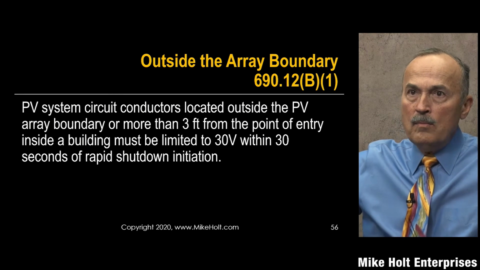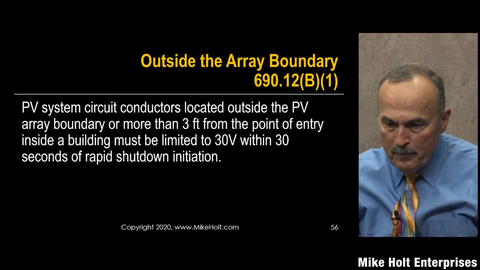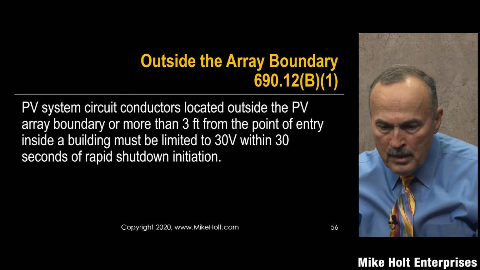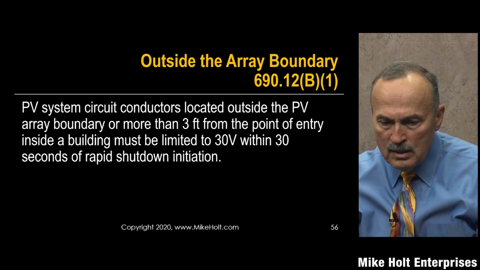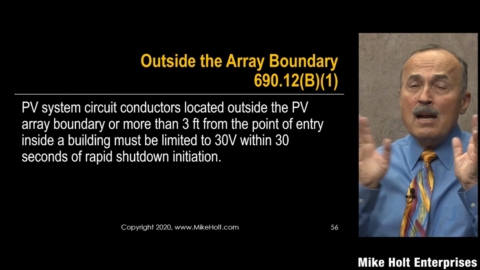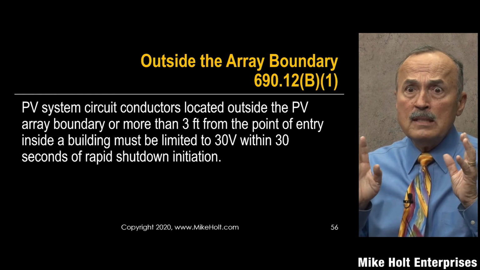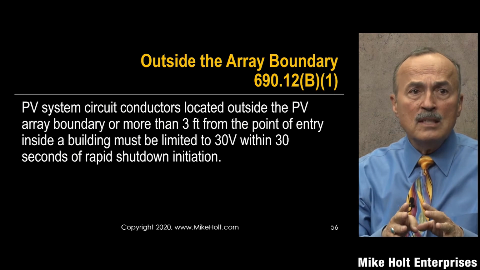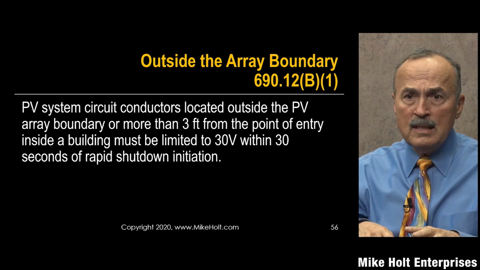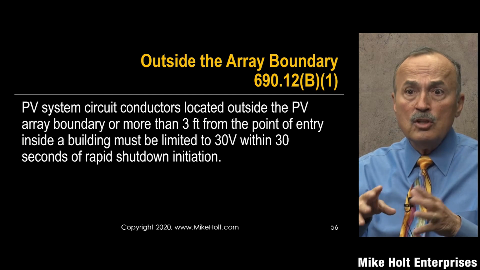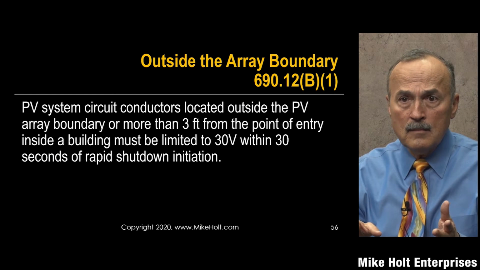If it gets more than 3 feet from the point of entry inside the building, it must be limited to 30 volts within 30 seconds of rapid shutdown. I don't know about the 30 volts in 30 seconds. All I know is it's going to have to be part of the rapid shutdown system, and the 30 volts in 30 seconds is a listed system that's going to do whatever needs to be done. Okay, got that?